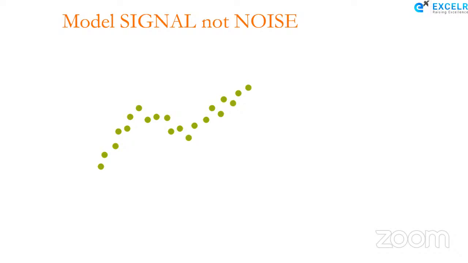We'll talk about what is noise, Rohit, don't worry. But first tell me, if I want to draw a line which is representative of these data points, how should the line be?